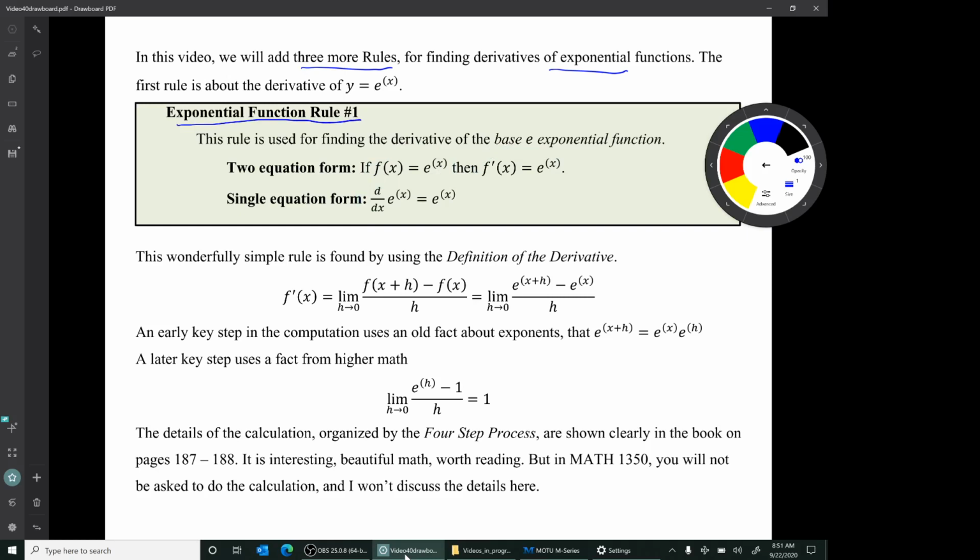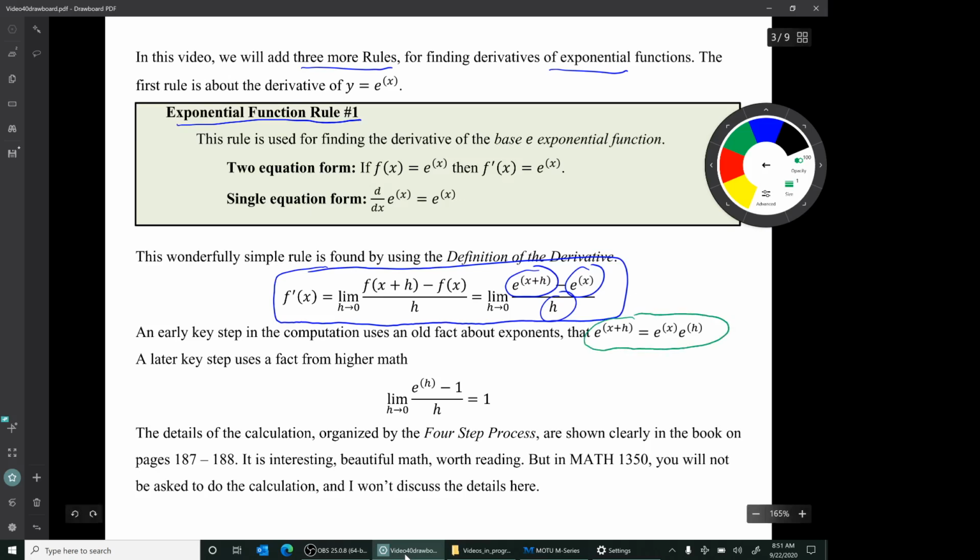Now this very simple rule is found by using the definition of the derivative. Remember this limit that defines f prime. We would build the limit by using the exponential function to build those expressions. There's e to the x plus h minus e to the x over h. A key early step in the computation uses an old fact about exponents, that e to the x plus h is e to the x times e to the h.